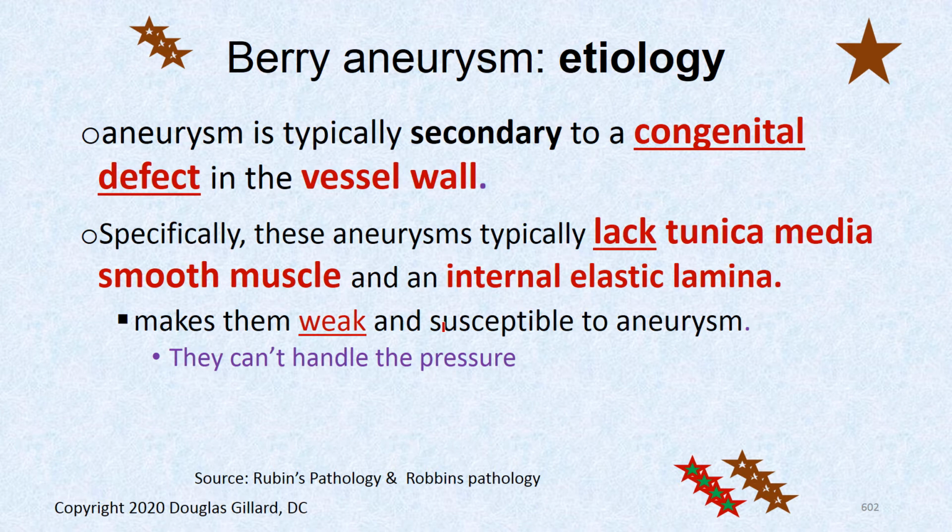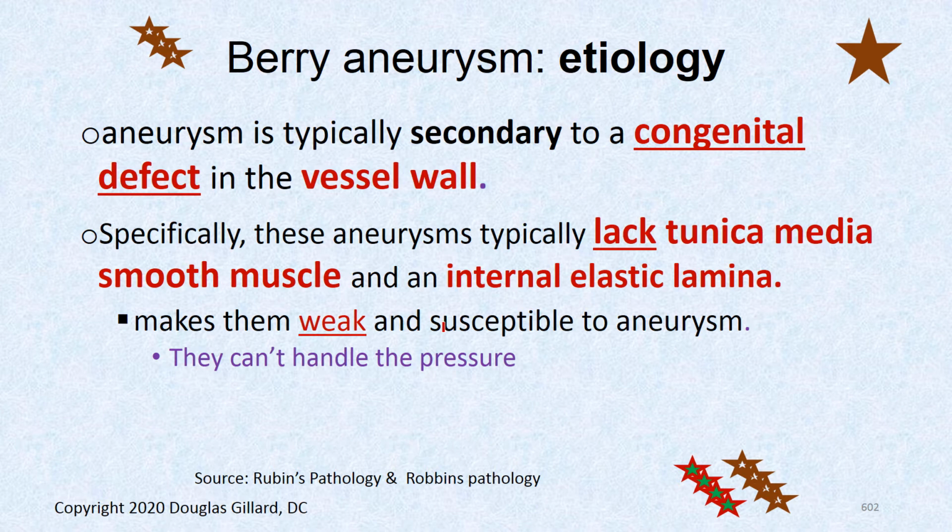The aneurysm is typically considered congenital because you are born with a weakness, right? So it's secondary to a congenital defect in the vessel wall. So the place where the aneurysm occurs, why there's a focal weakness in the blood vessel wall, is because there's actually an absence of tunica media for whatever reason in that region.